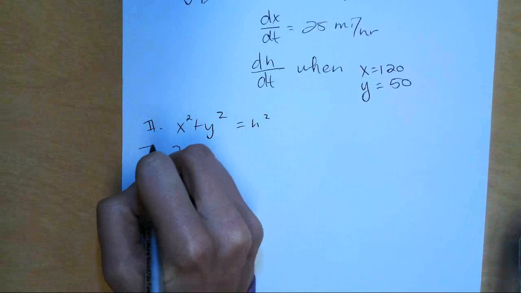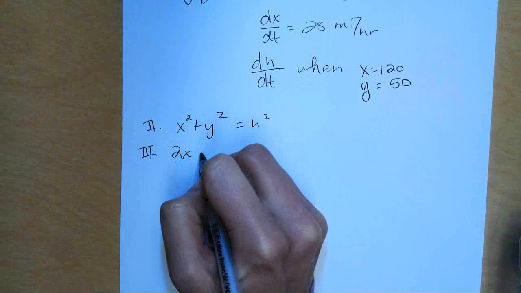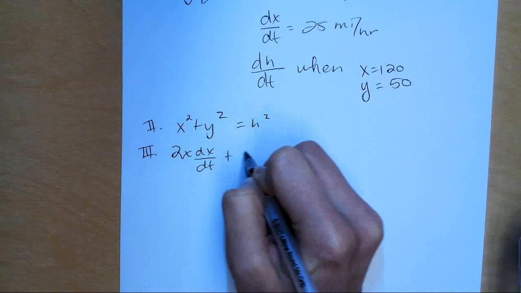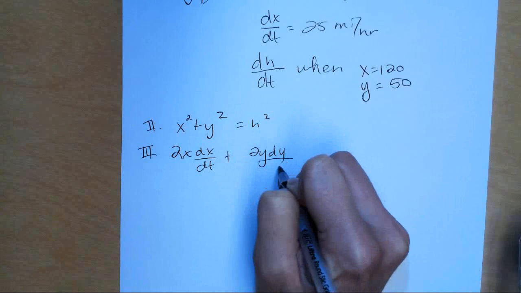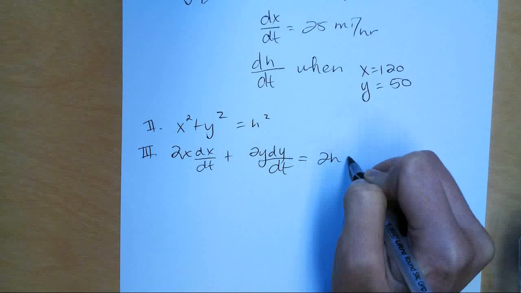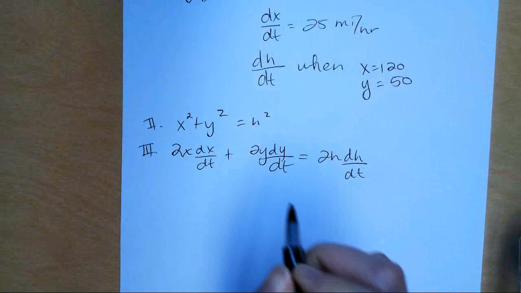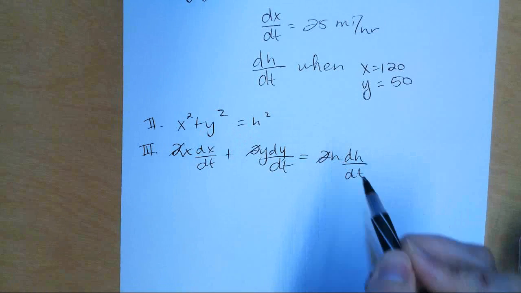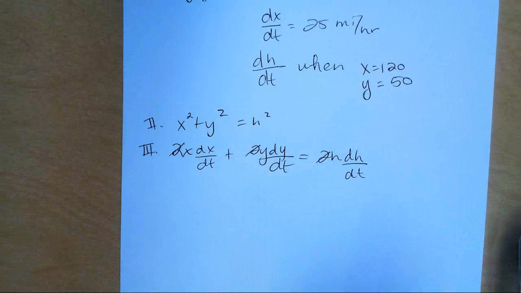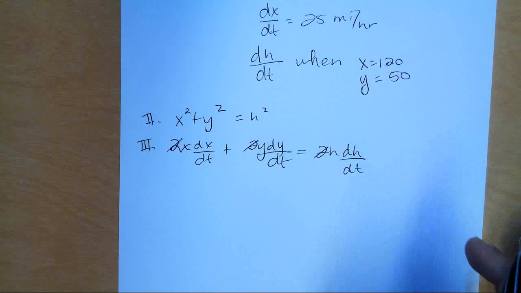The derivative is going to be 2x dx/dt plus 2y dy/dt equals 2h dh/dt. Notice that the 2's, we can get rid of those since they all have a 2. Basically like dividing out 2 from everything.